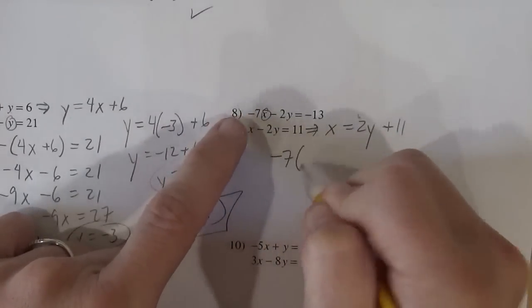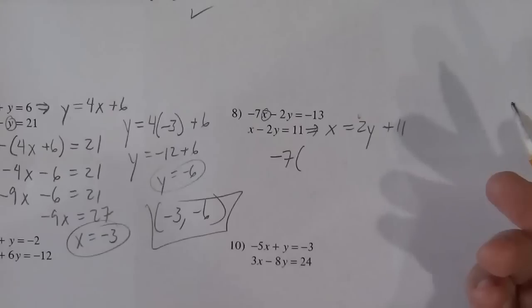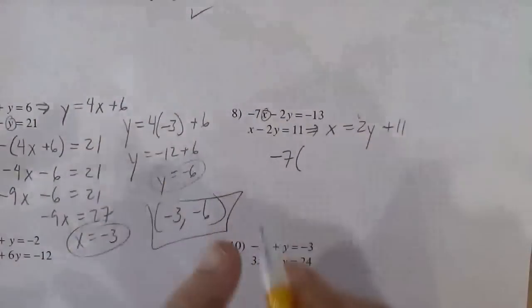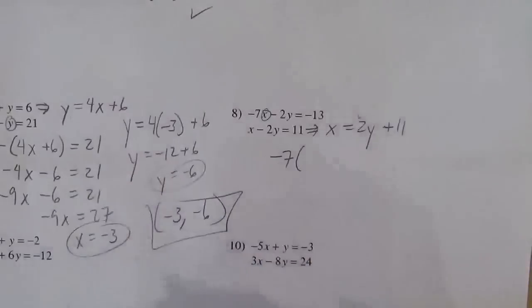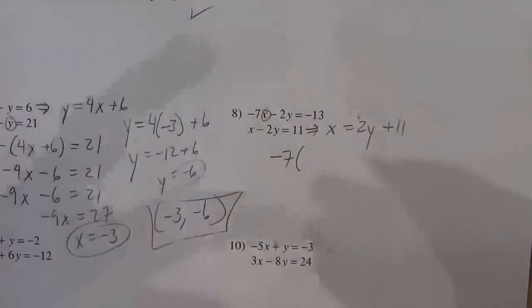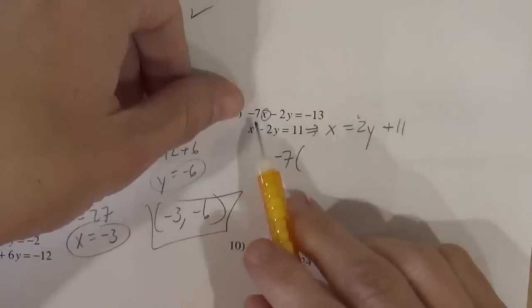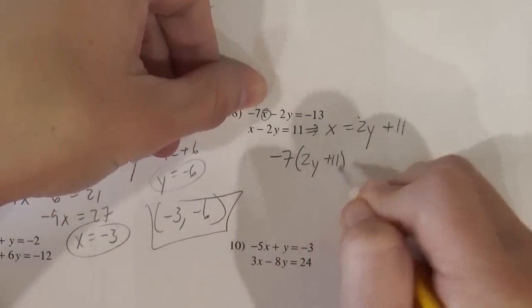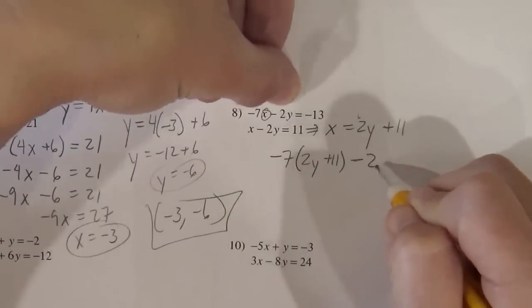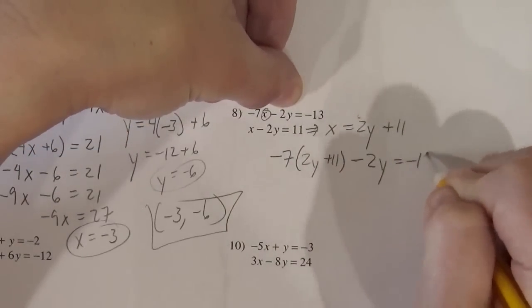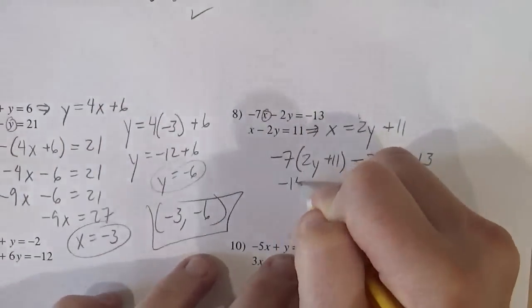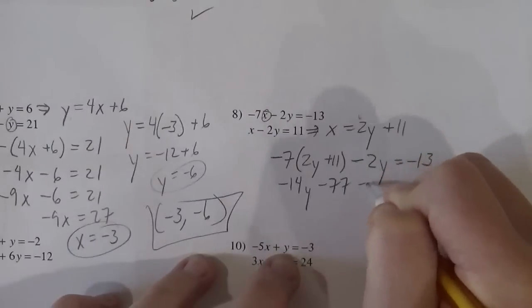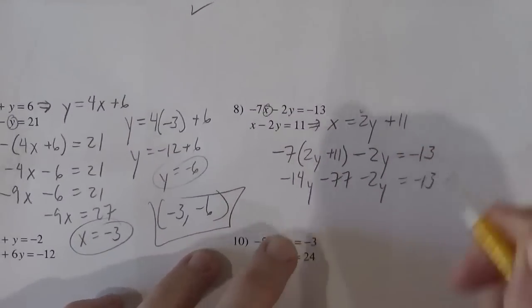So take your pick, whichever is the easiest to isolate, do that. So solve for one of them, solve for x or y, and then substitute it into the other one. That's our gist.